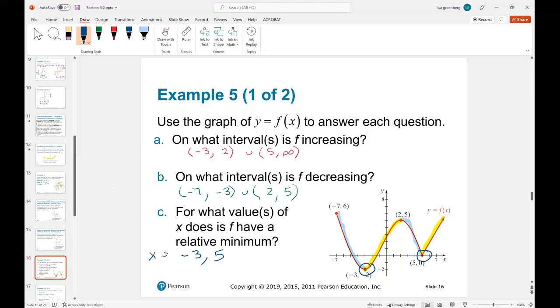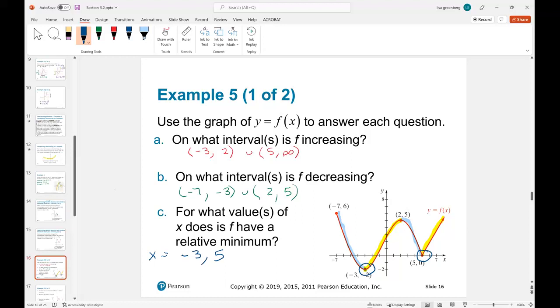Now, I did say the word absolute. So I have two relative minimums because I'm changing directions a lot here, right? So these are both minimum values, but that's not the minimum value of the entire graph.